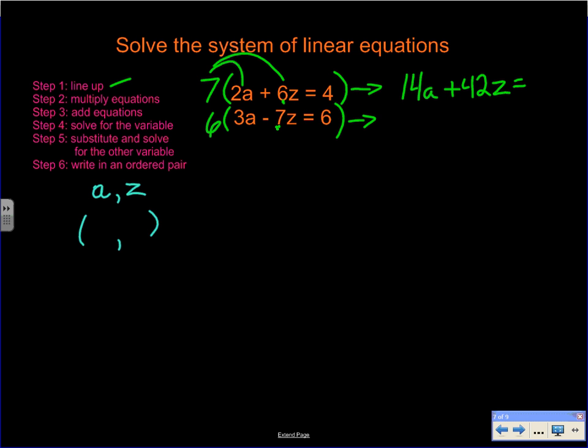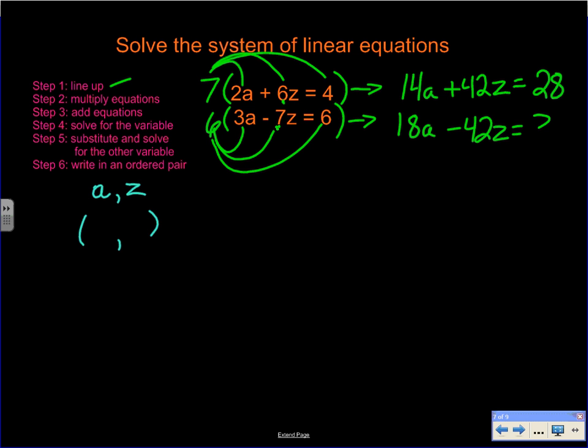And 7 times 4 is going to be 28. On the bottom, 6 times 3a, 18a. 6 times negative 7z is negative 42z. And 6 times 6, 36.